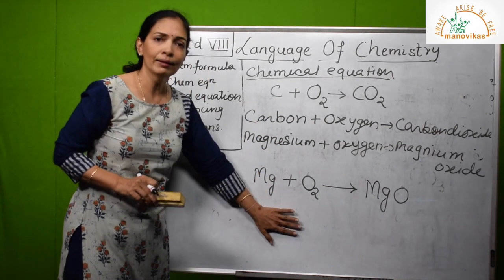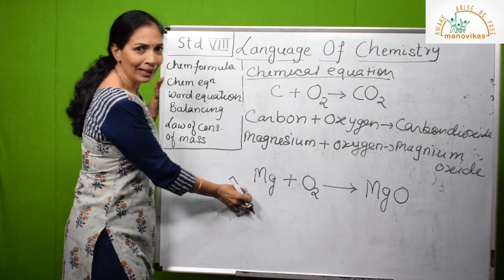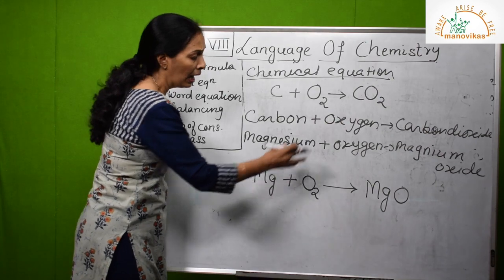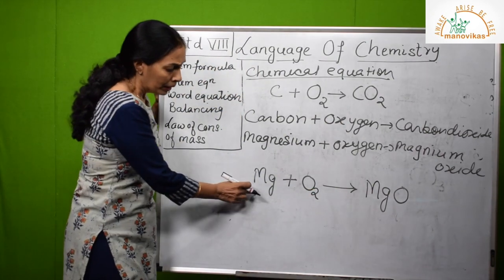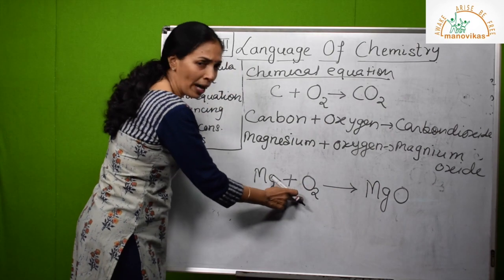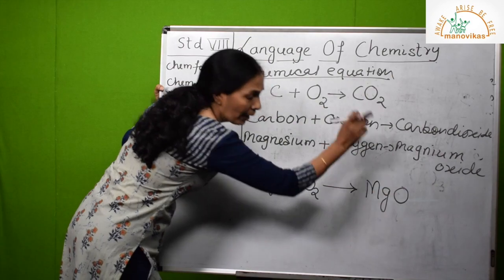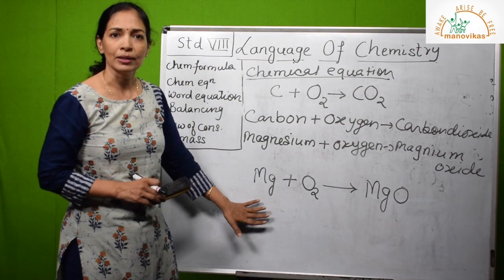Now after writing this, you see that the number of atoms of elements on the left hand side is not the same as on the right hand side. That means here there is one magnesium atom, one magnesium. Here two atoms of oxygen, here only one oxygen atom is there. So this equation is not balanced. Okay.